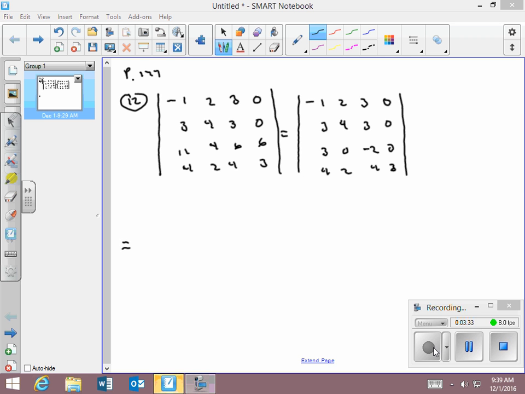Now what I could do is expand by the 4th column, and so that's going to be a -1, and it's 4 plus 4, and then it's 3. The cofactor is going to be a -1, 2, 3, 3, 4, 3, and a 3, 0, -2.